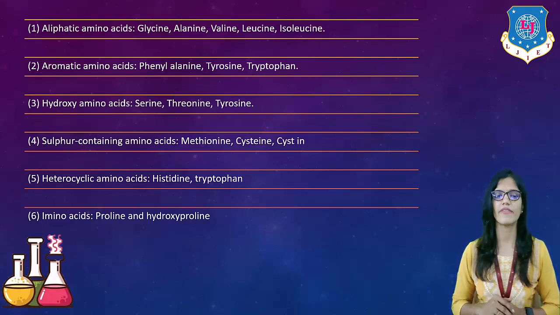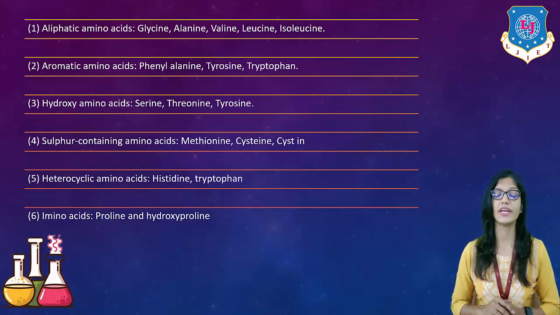The next we have here is sulfur containing amino acids. Methionine and cysteine are generally considered sulfur containing amino acids. The next is heterocyclic amino acids.